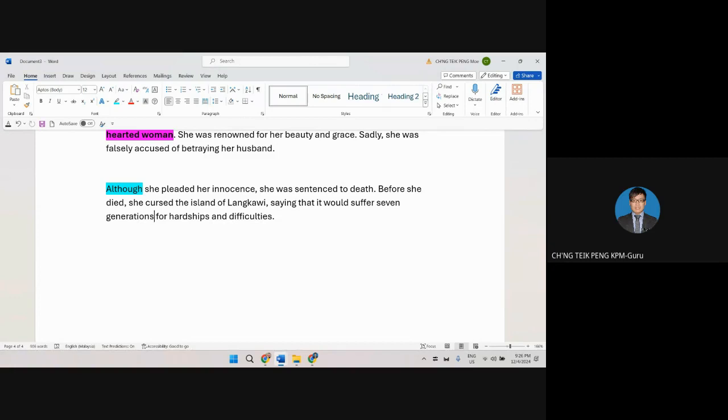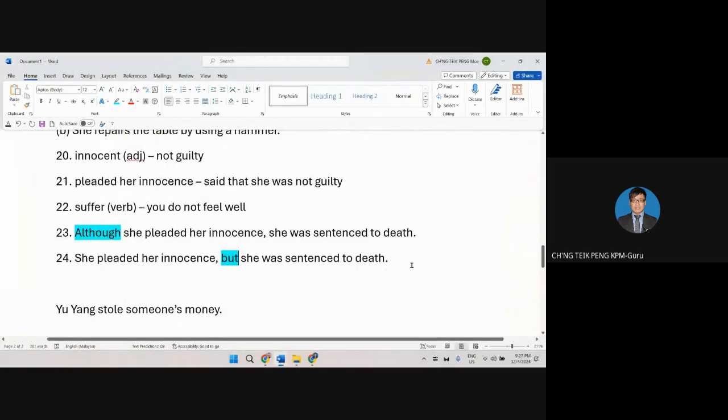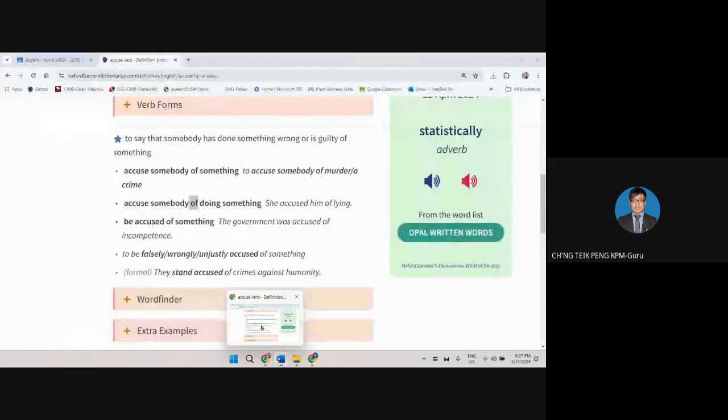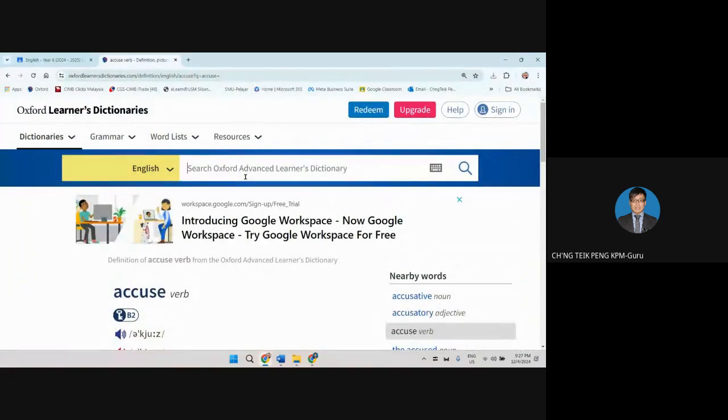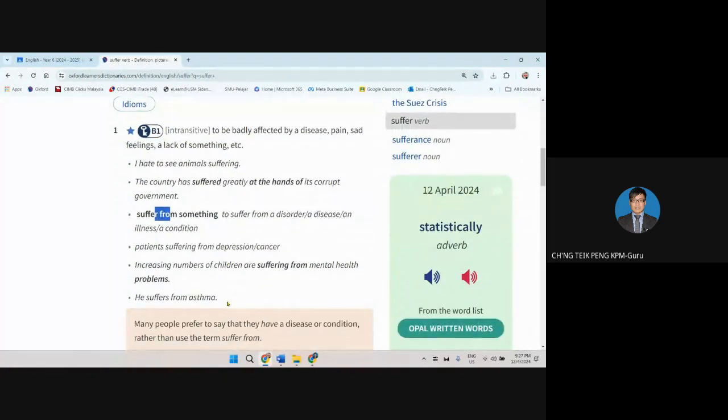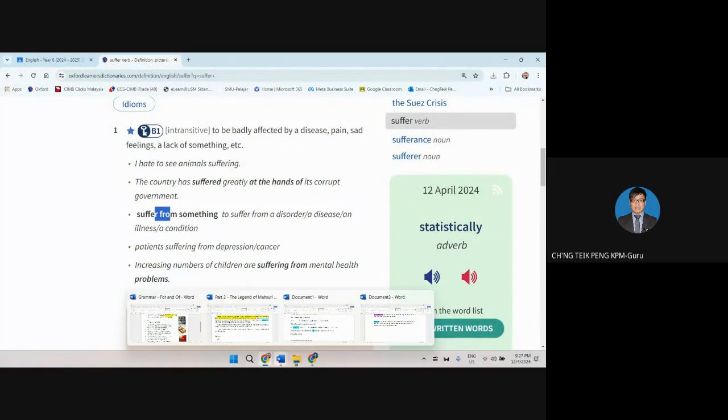From. Very good. So suffer 7 generations from hardships and difficulties. This is a collocation, so it's best to memorize it: suffer from.